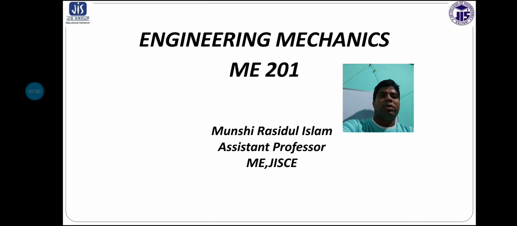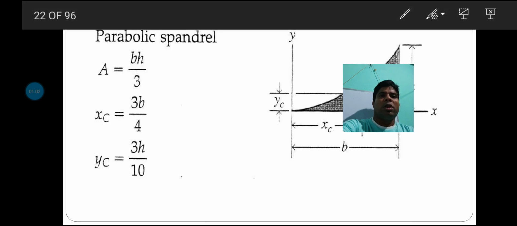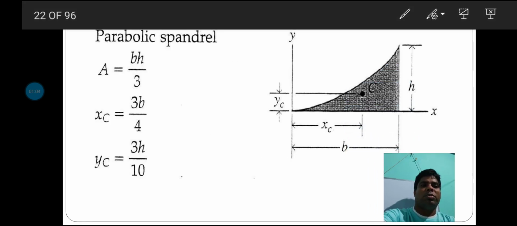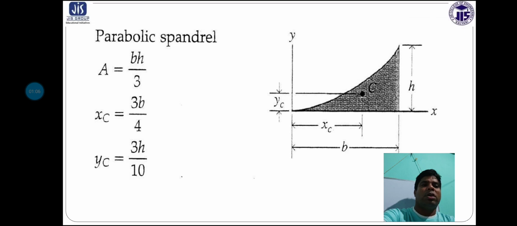From the continuation of the last class, we have discussed how to calculate the different standard values, just like rectangle, triangle, semicircle, quadrant, circle, sphere, trapezium, etc. Now today we have discussed parabolic spandrel.